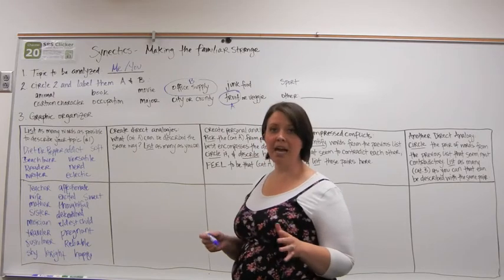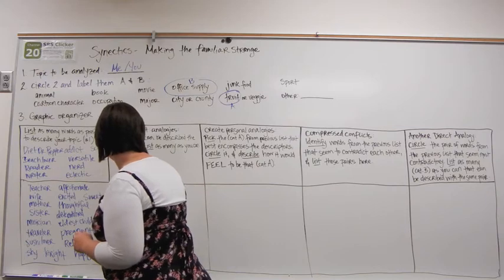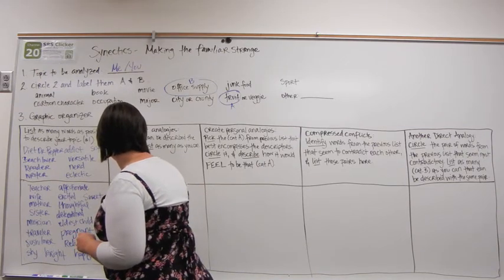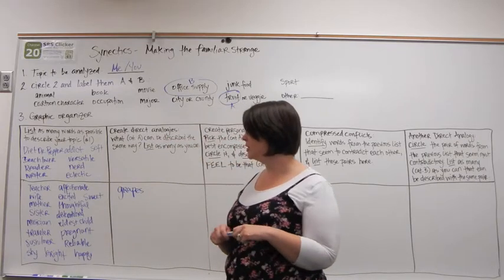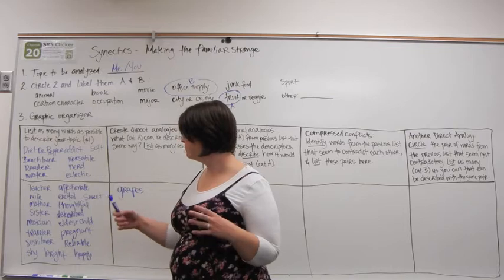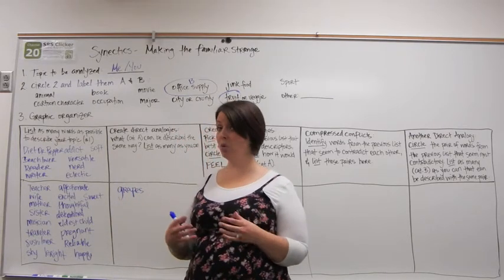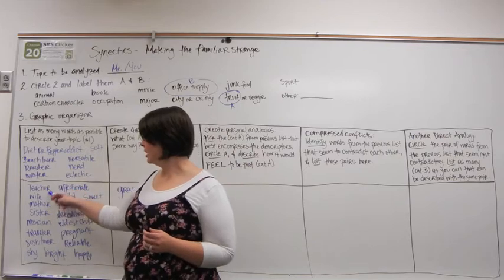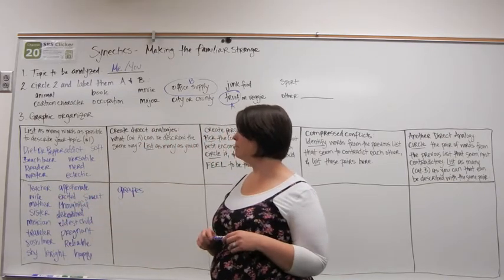Okay, so I'm looking at all of these things, and one that comes to mind is maybe grapes. That's one fruit that comes to mind. Because grapes grow in bunches, and I'm very family oriented. A lot of my descriptors are family terms.